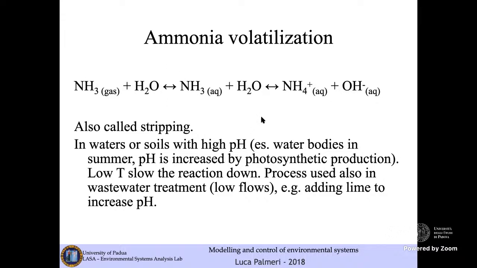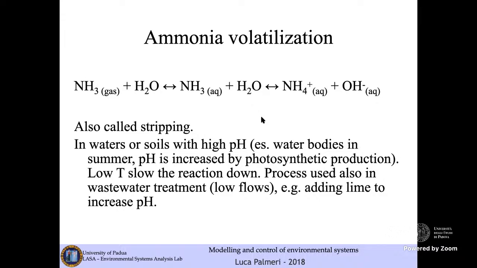This is called stripping in waters or soils with high pH, for example, water bodies in summers in which pH is increased by photosynthetic production. You have important stripping processes, so processes of conversion of aqueous ammonium into gaseous nitrogen.